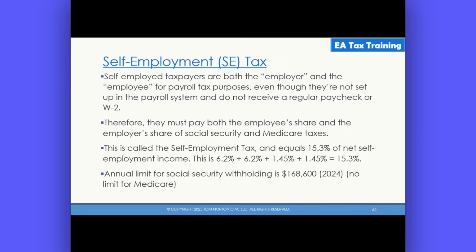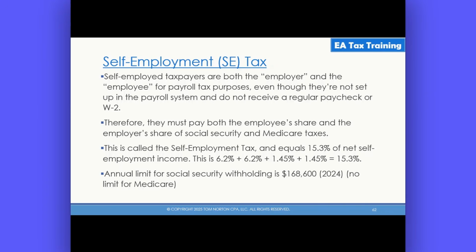So instead, what they do is they have to pay this self-employment tax. It's 15.3%. That 15.3% is the 7.65% that the employee would be paying in Social Security and Medicare, added to the 7.65% that the employer would be paying in Social Security and Medicare.